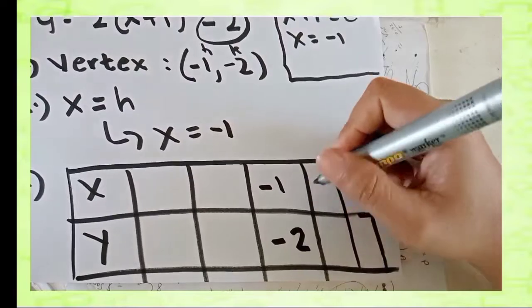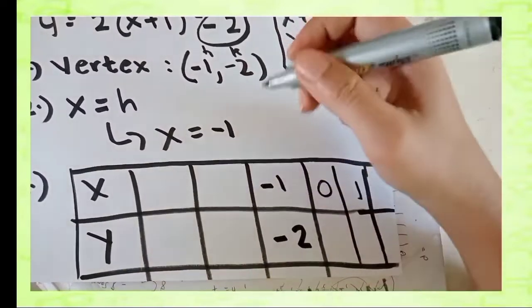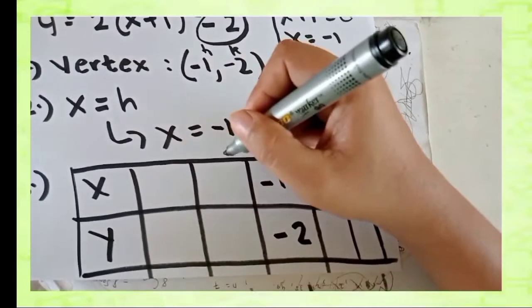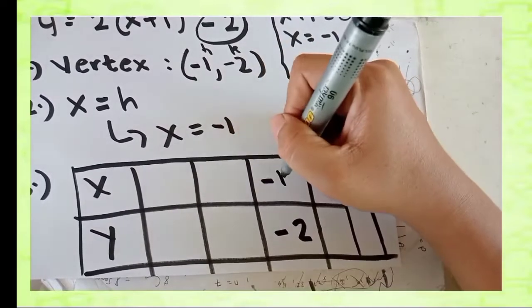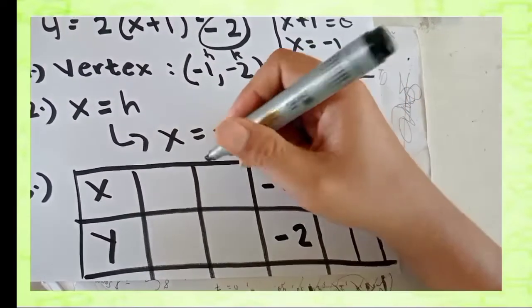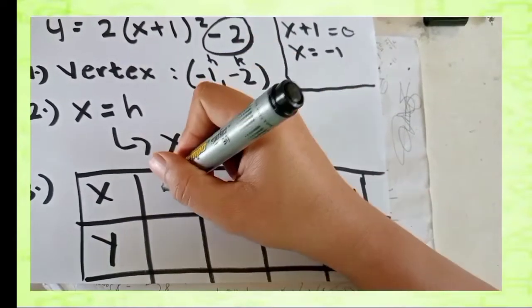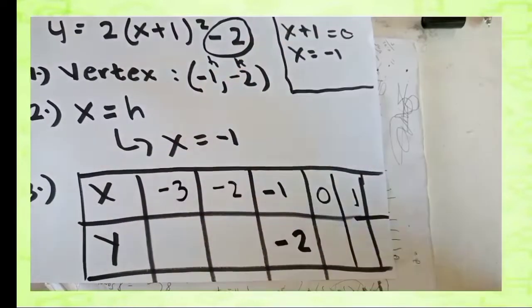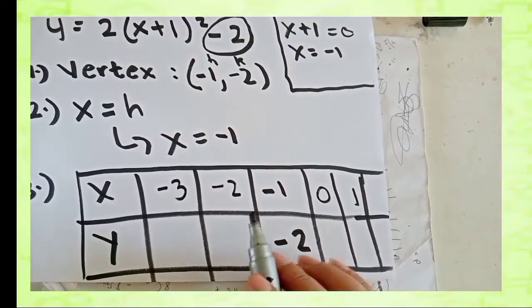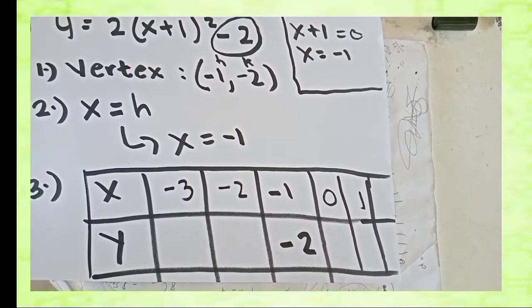So we have 0, 1, then from this side to the left, what is the next number of negative 1? We have negative 2, then negative 3. So ito lang ating i-add sa right side and sa left side.